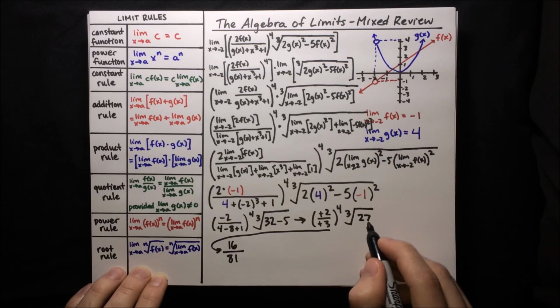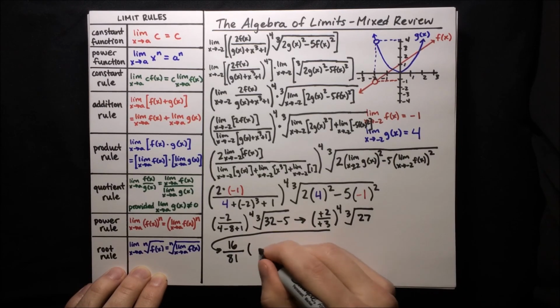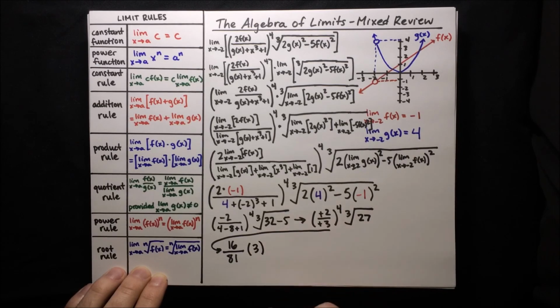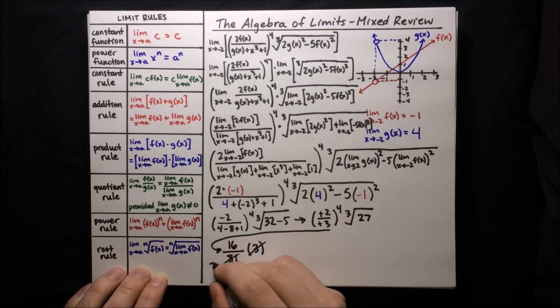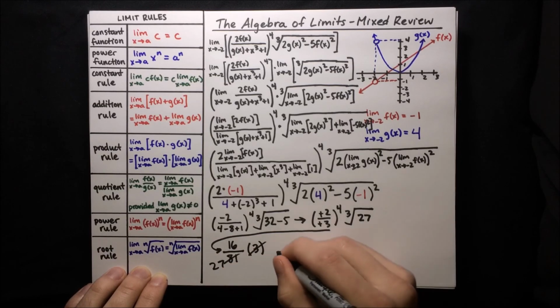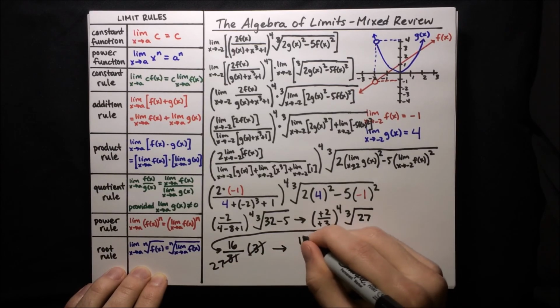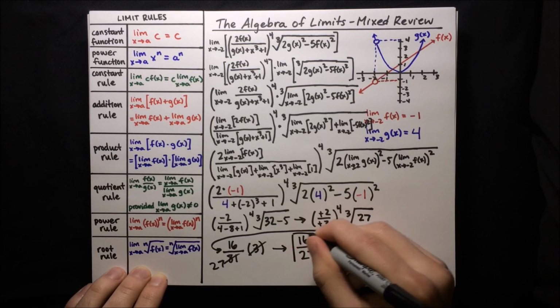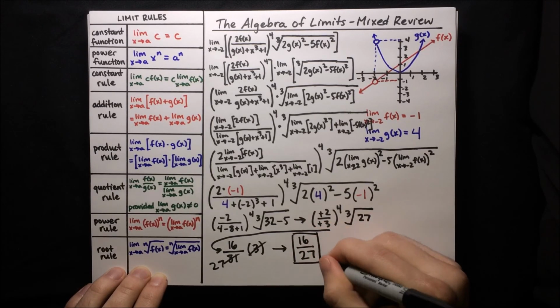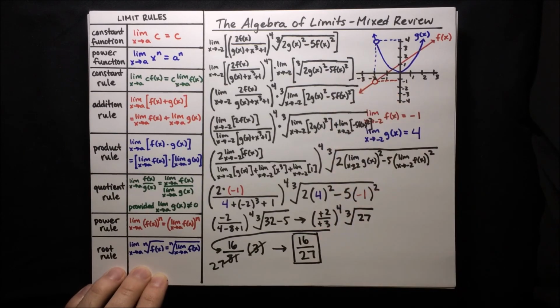And then times the cube root of 27, cube root of 27 is just 3. So we can cancel this out, divide 81 by 3, that's 27. So our answer then is just 16 over 27. And that is the value of our original limit here.